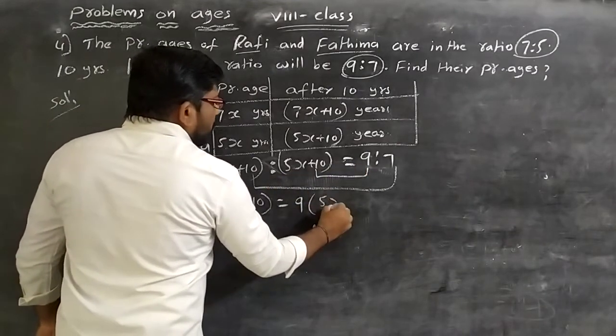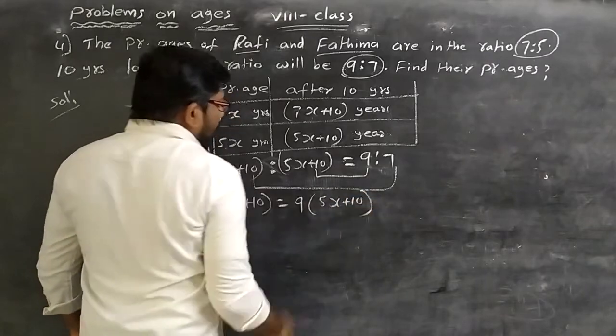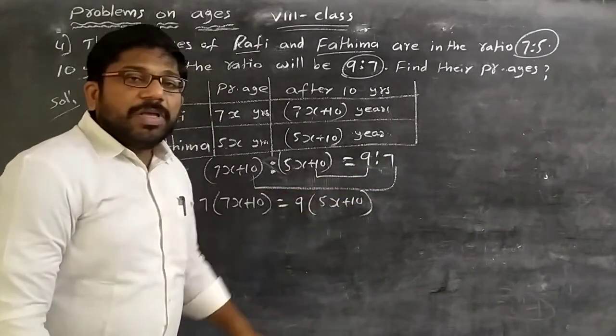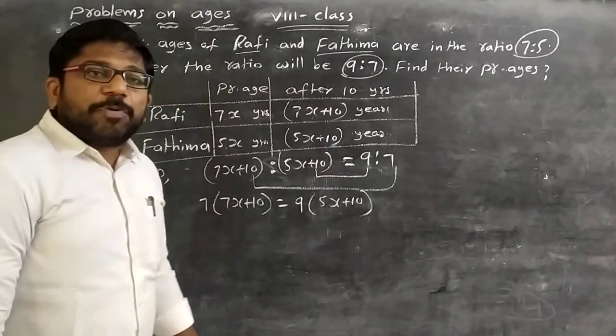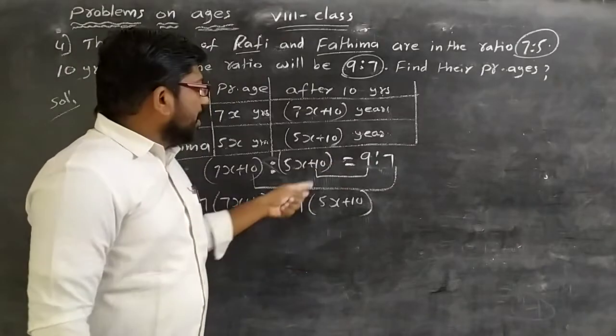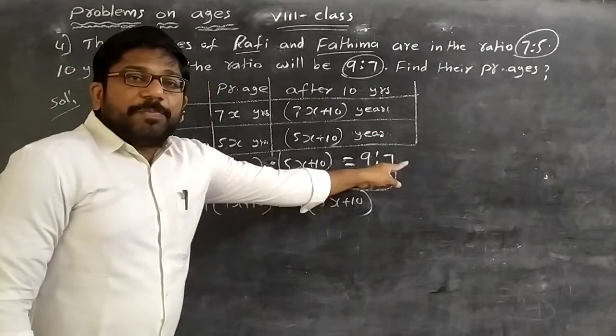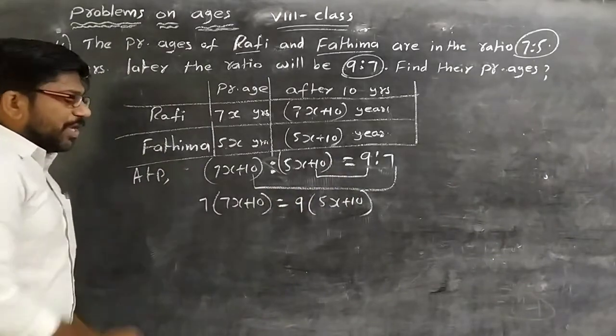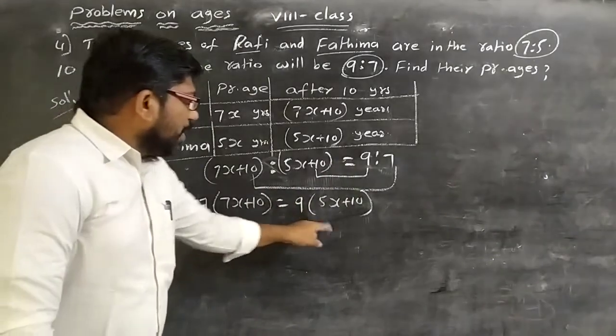In the proportion rule, product of extremes is equal to product of means. If two ratios are equal, we apply the proportion rule. Now we have one simple equation.